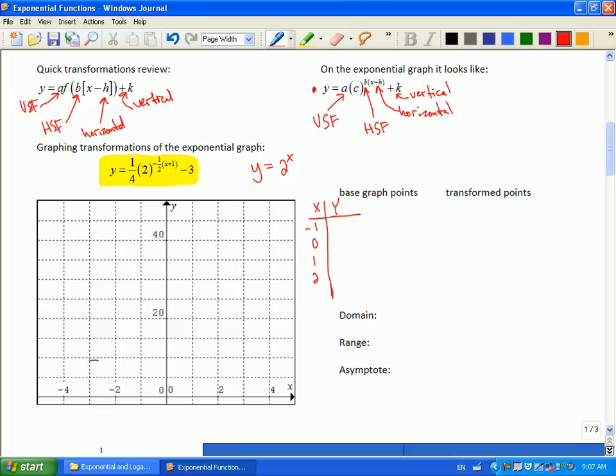I'm just going to think about the base graph, the simplest one. Where are those points? This is going to be at a half, 1, 2, 4. And just like we did in transformations, we're going to apply the list of transformations to each of these points. So I have these 4 things that I'm going to deal with. Maybe we should put them in the margin here.